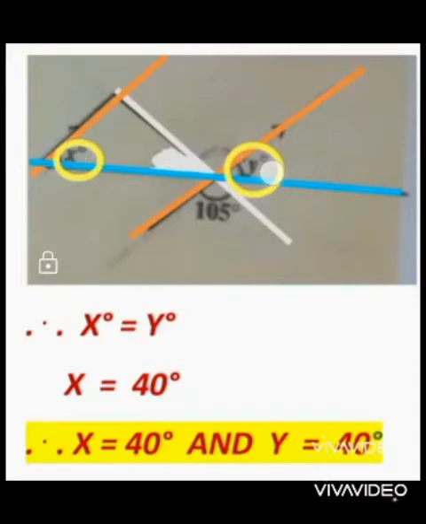What is the reason there, children? Corresponding angles. So, x is equal to y degrees. The y value you got as 40 degrees. So x will also be equal to 40 degrees. So the value of x is equal to 40 degrees and y is equal to 40 degrees.